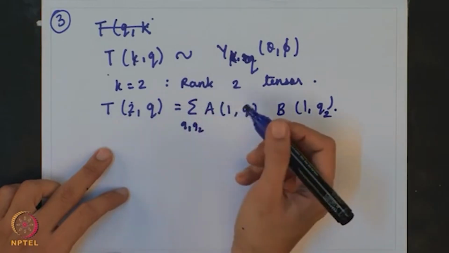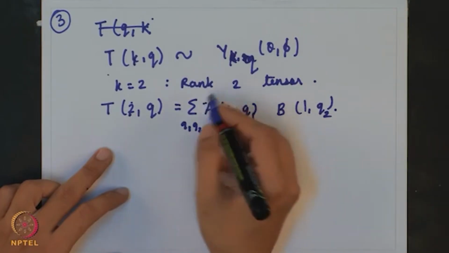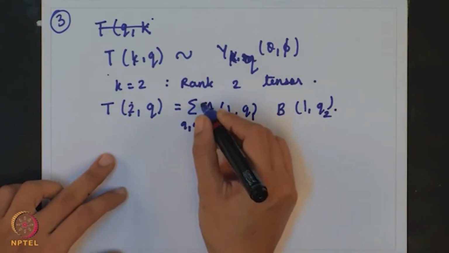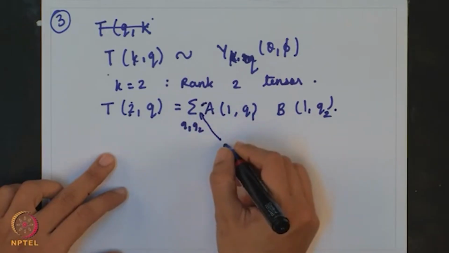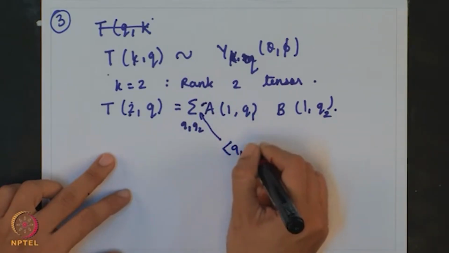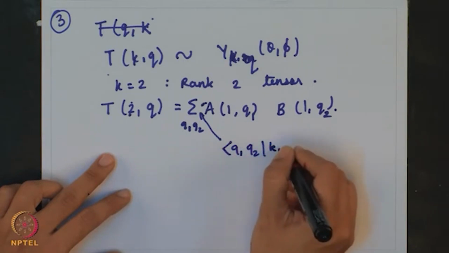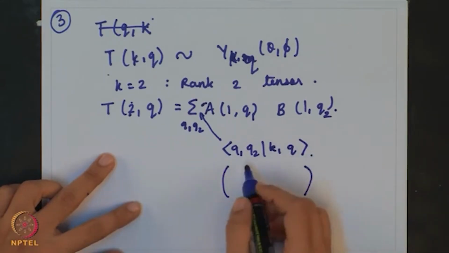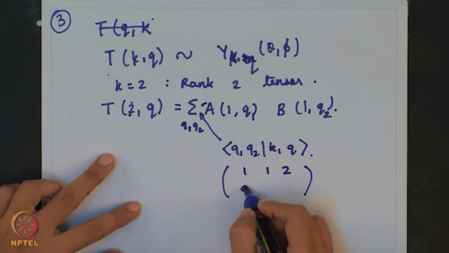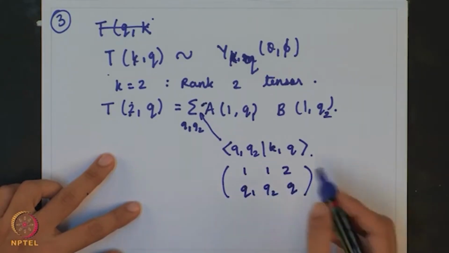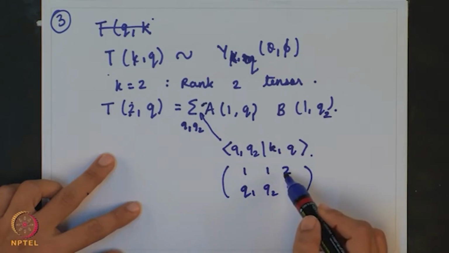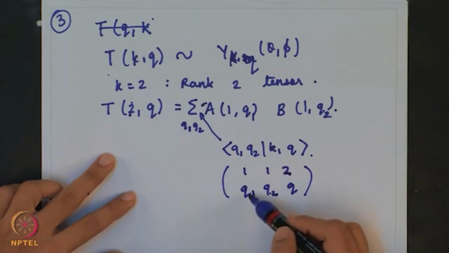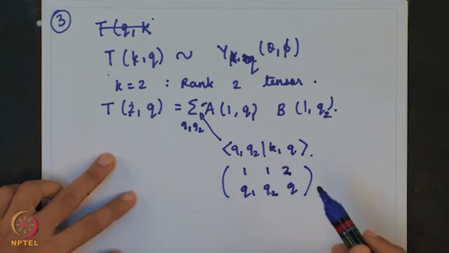So q1 can take any values, and the coefficient here can be written as the coefficient which I missed, q1 q2 and k q, or another way of representing this would be 1 1 2 q1 q2 q. So this q corresponds to k as 2, q1 corresponds to k1 as 1.